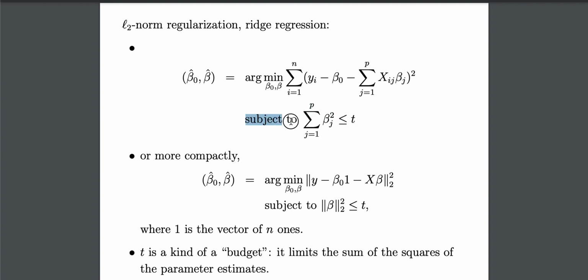If t is big, this constraint is redundant and we are back to linear regression. But as we make t smaller and smaller, this constraint will become more important and it will change the betas from linear regression. And the way it will change it, in a way, it is bounding the intensity of the betas.